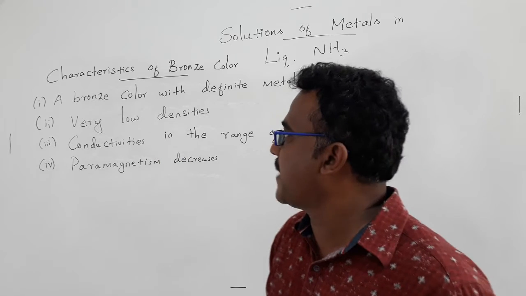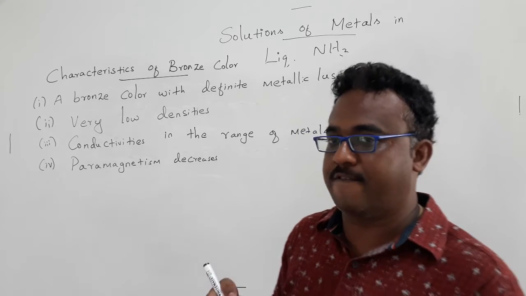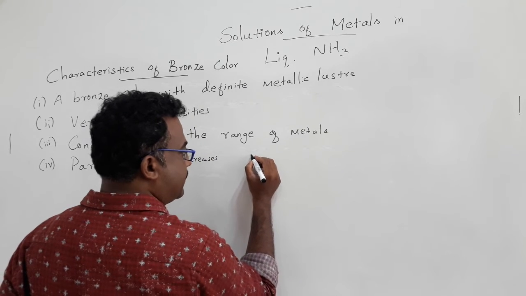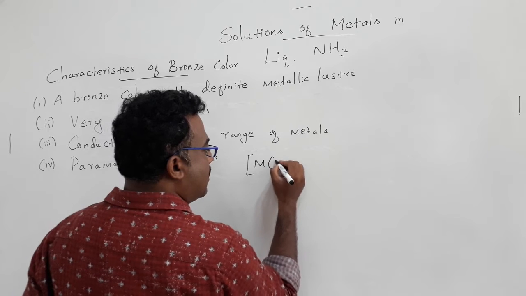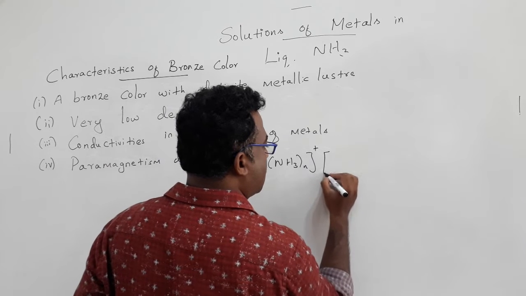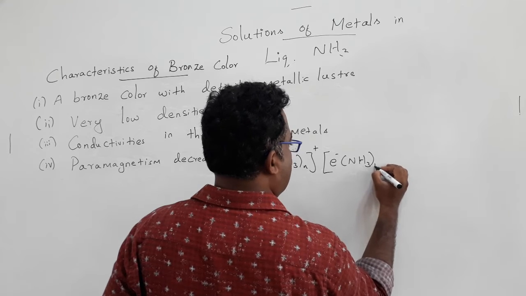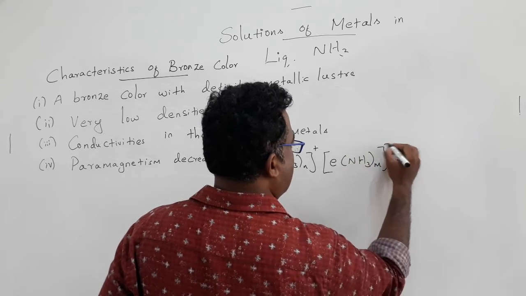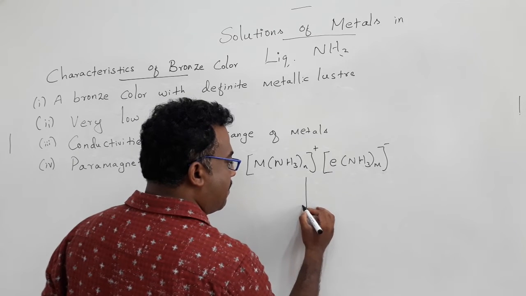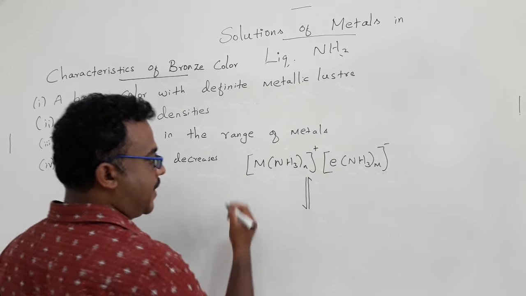Okay, from this phenomenon we can represent what happens exactly when you add more amount of metals to liquid ammonia. You have a blue color solution. Okay, this is for the blue color solution, and when you add metals, what happens?